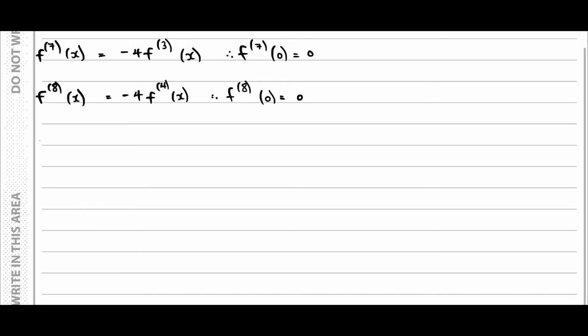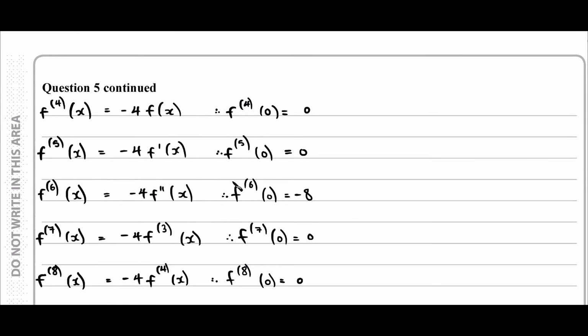The ninth derivative is equal to minus 4 lots of the fifth derivative. So therefore the ninth derivative at the point x equals 0 will equal minus 4 times by 0, which is 0.